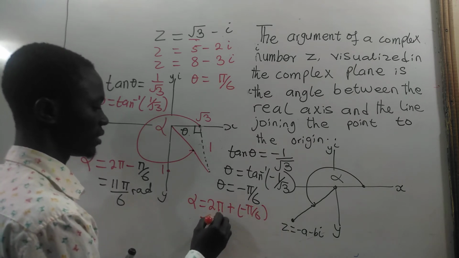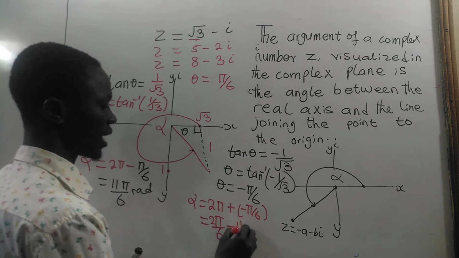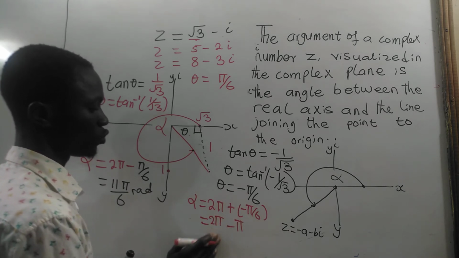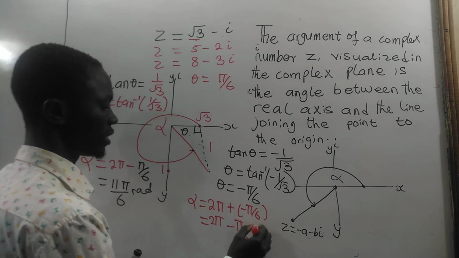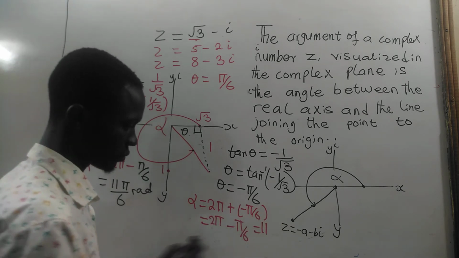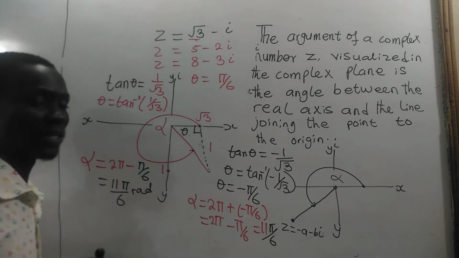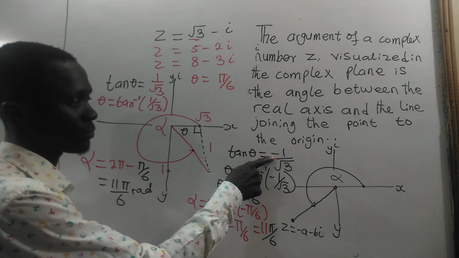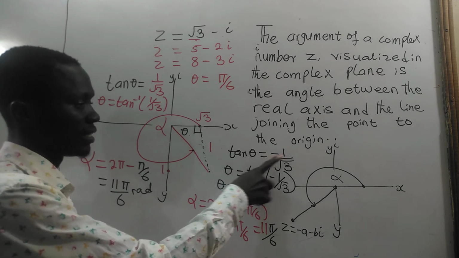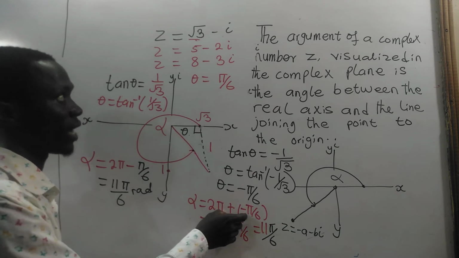And this will give us the same: 2 pi minus pi on 6, and it will be back to 11 pi on 6 as we've done here. So if you use the negative sign, it means that you are going to add it.